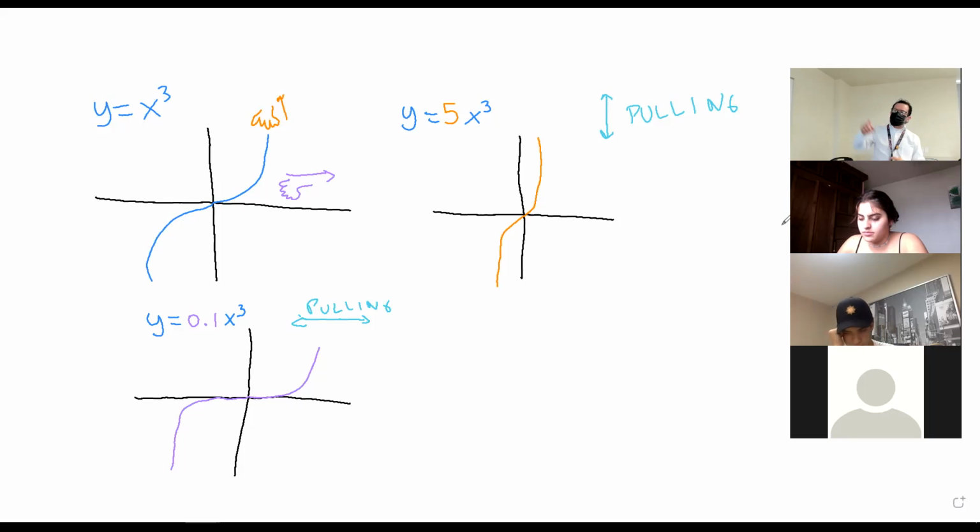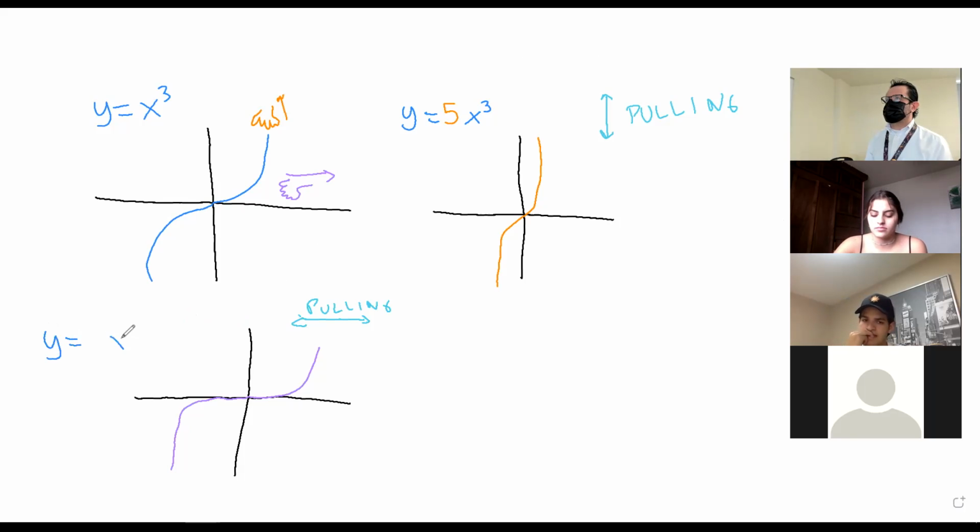Now, to explain why, and what it means that it's less than 1: we've got y equals x to the 3.